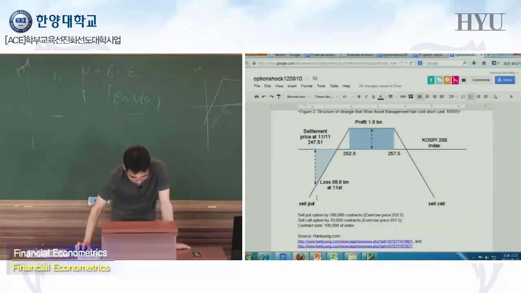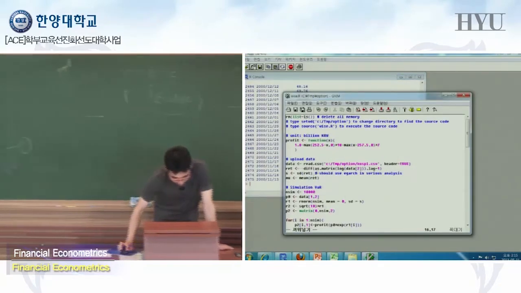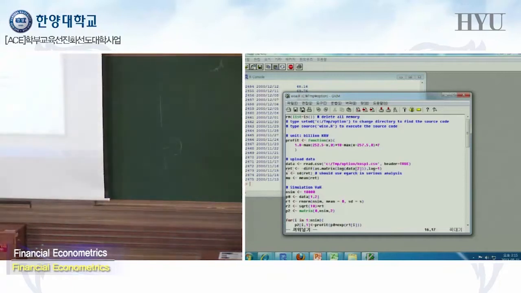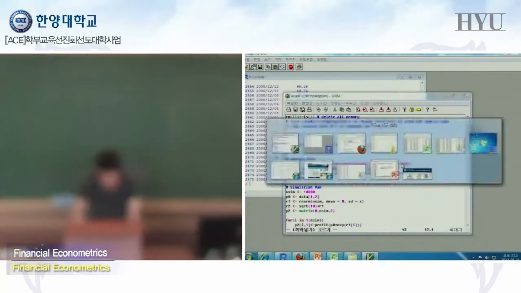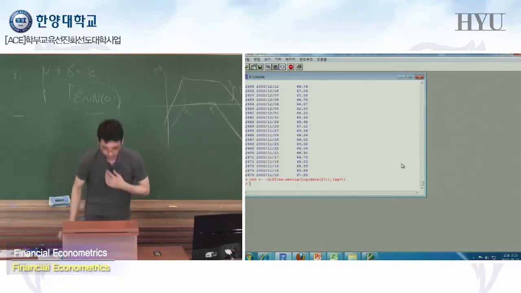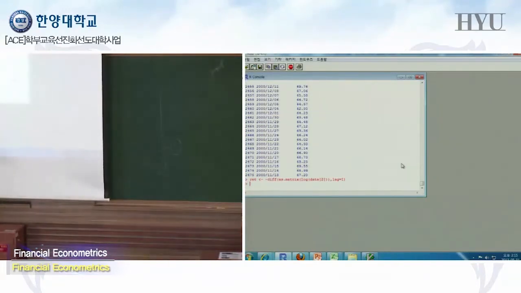Therefore, first I defined return like this. I use this function called return. Here, return is the negative of the difference. In R, we have a very convenient function called DIFF. DIFF is like lag.